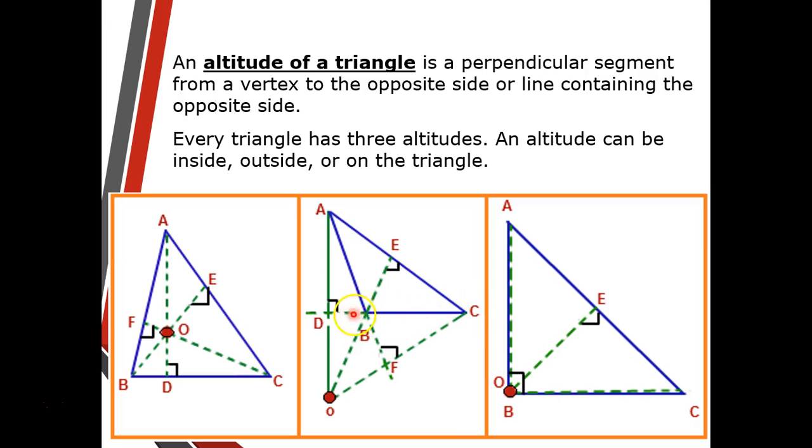So we have to extend this line out to be able to draw a line from the vertex A perpendicular to this line, or the line containing this side of a triangle. Okay, so A down, that is our altitude of this triangle right here. From A to D, that is one of our altitudes anyway.